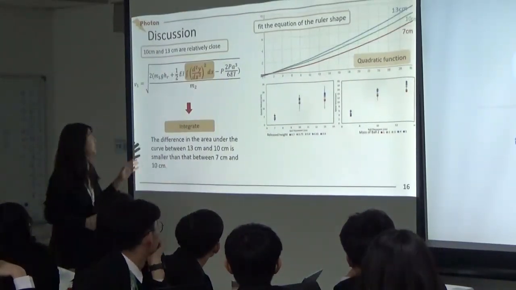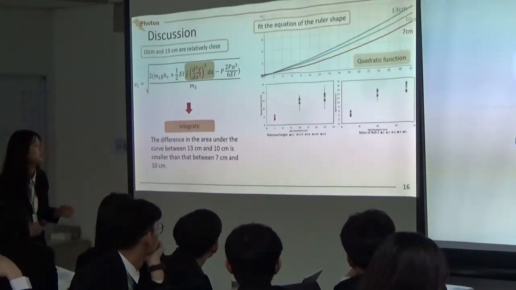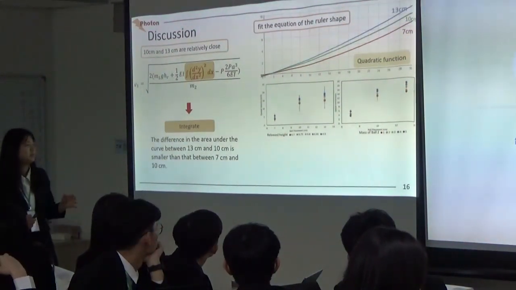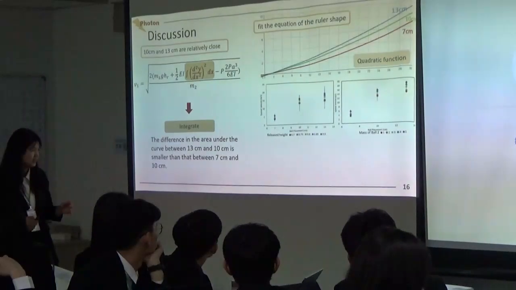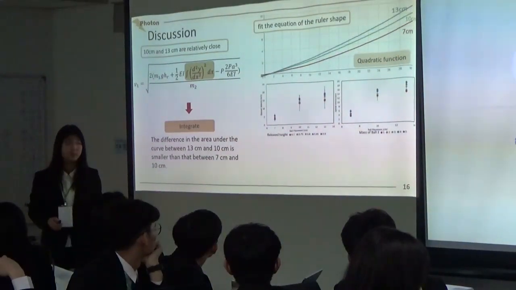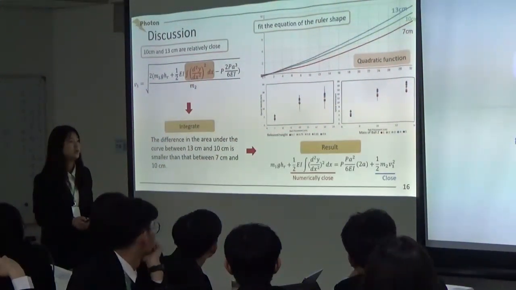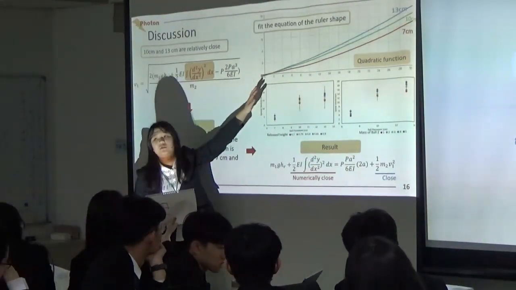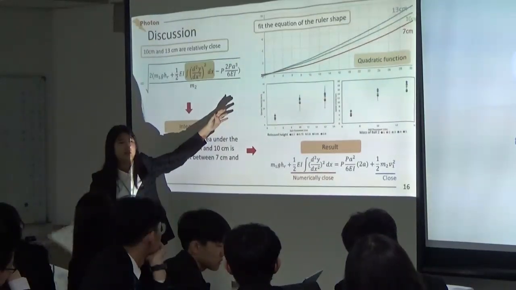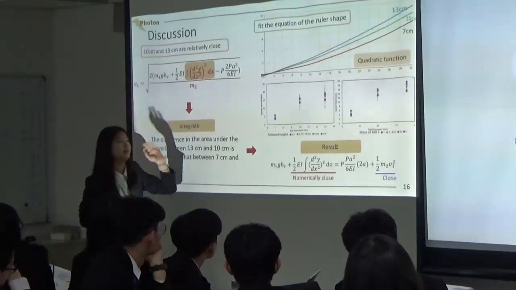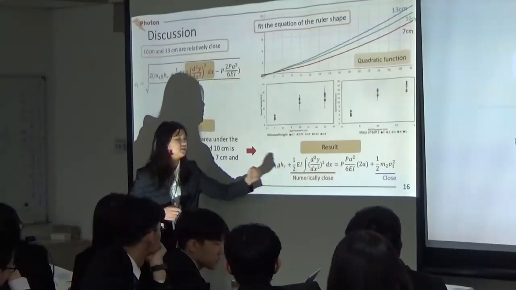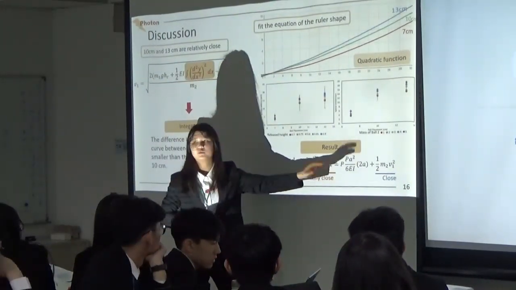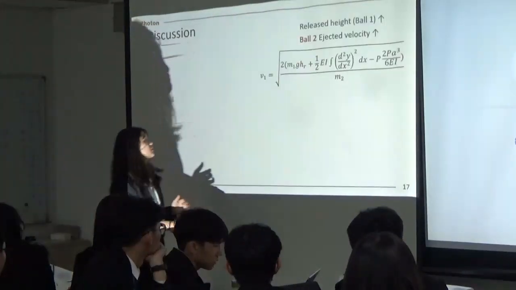We can see that the difference in the area under the curve between the 30 centimeter and the 10 centimeter is smaller than the difference between the 7 centimeter and the 10 centimeter. So we find that because these two are relatively close, the elastic potential energy will also be relatively close, and so these two data points are relatively close.